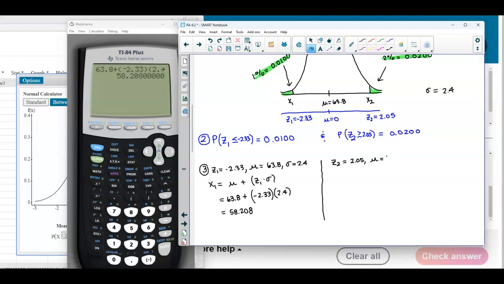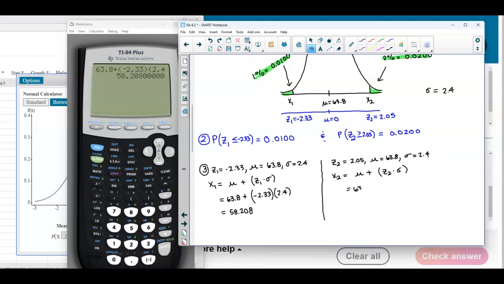Over here we know that z-score 2 was found to be 2.05. Again, the mean is 63.8 and the standard deviation is 2.4. In order to find x2, we use the same formula: the mean plus z-score 2 times the standard deviation.